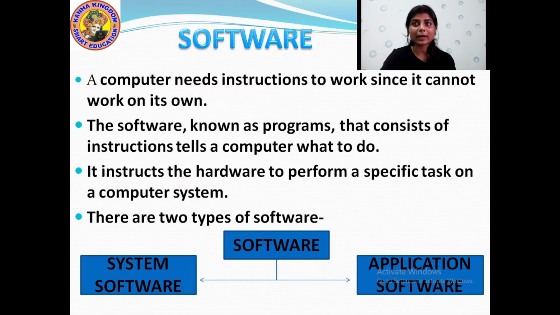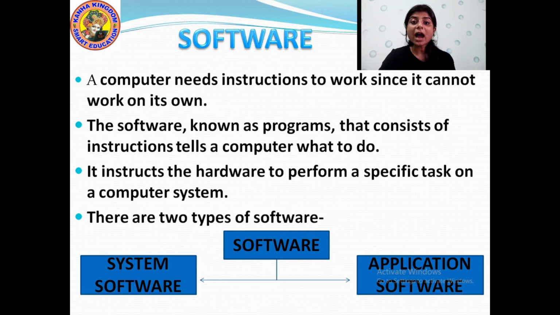Now what is software? The software is known as program. Software are also known as programs that consist of instructions telling a computer what to do. What is software? Software are programs. Programs consist of instructions.